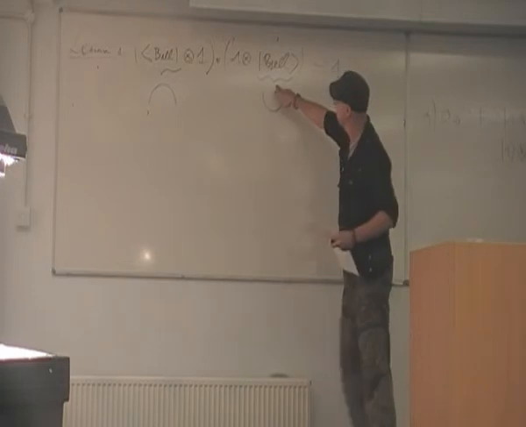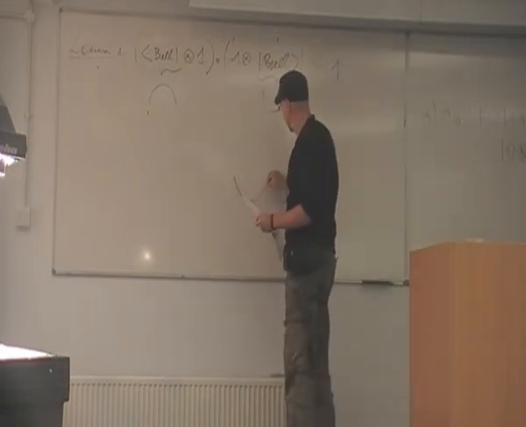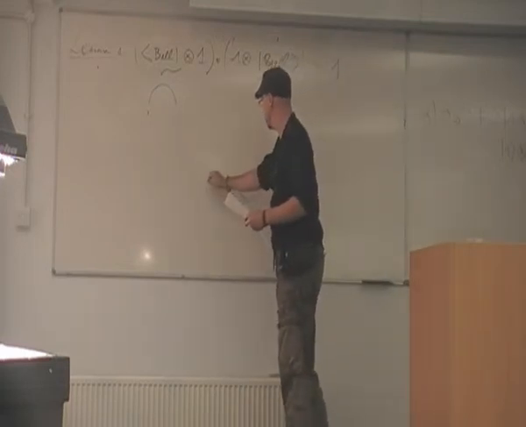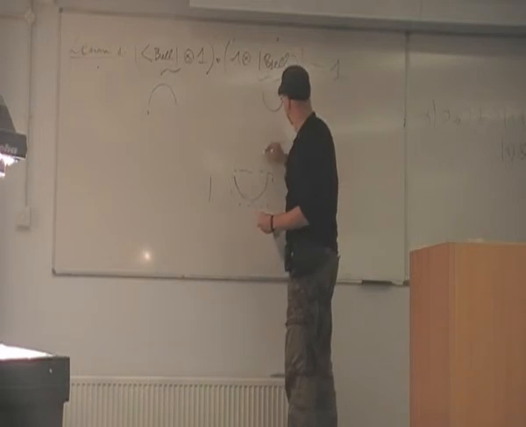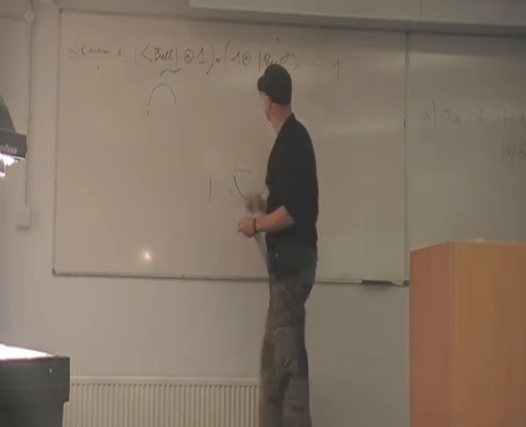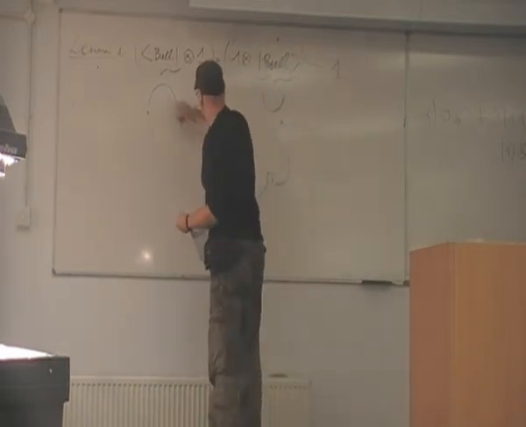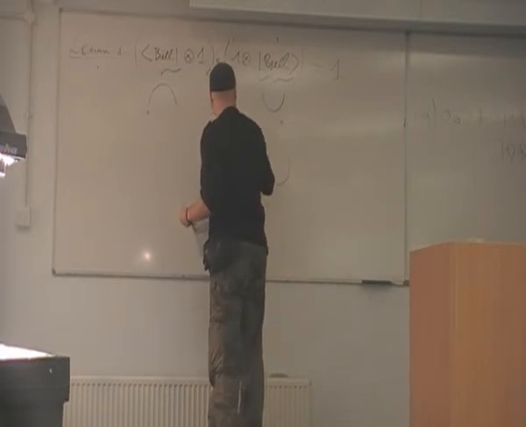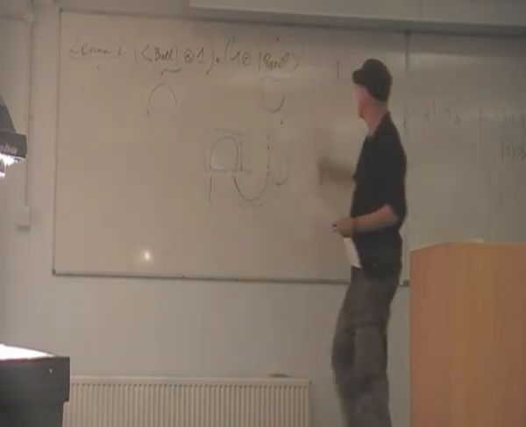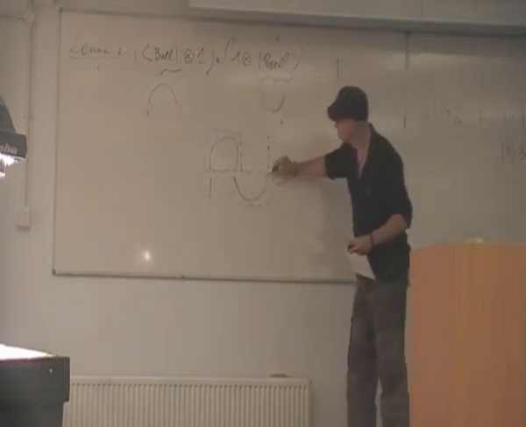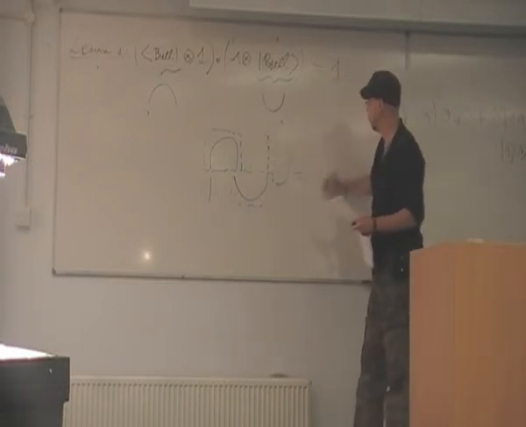You see, I've got a Bell state here. I've got an identity there, which I represent by a line. So this thing is this Bell state. This thing is just the identity. Now I take the corresponding bra and I represent this by this, and I plug in the identity there, which is this. And the claim is that this thing as a whole is equal to the identity.